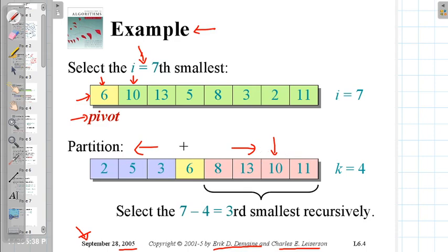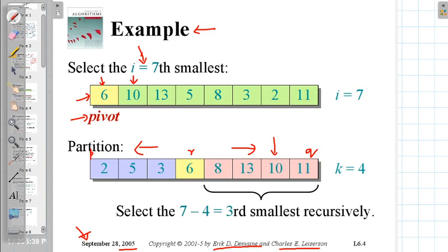Now once I have got this partition, this is our P, this is our R, and this is our Q. How many elements will be there in this left hand side list, including this R?